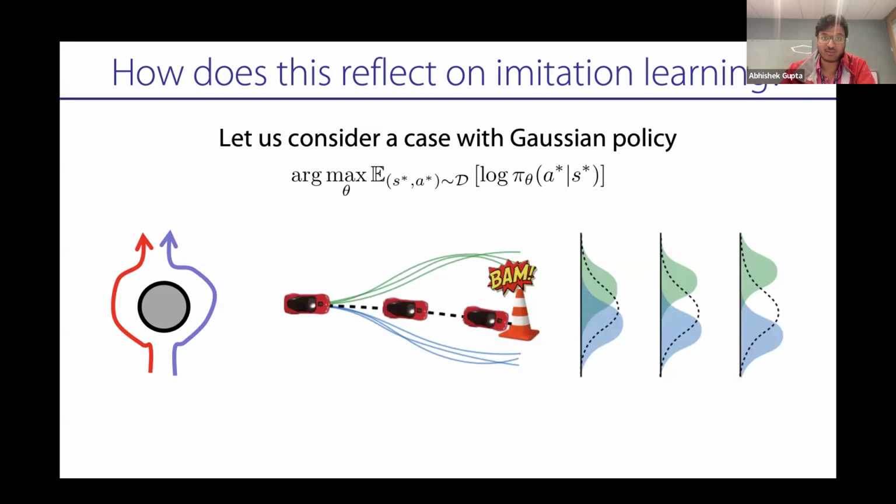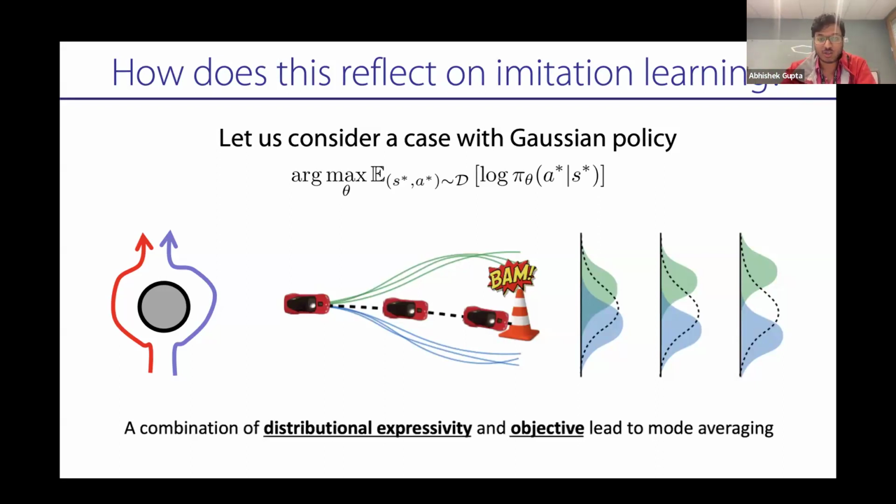Other things are more expressive, and there's a trade-off between tractability and expressivity, right? And so for a Gaussian, you have this problem of mode covering behavior. And so a combination of distributional expressivity and the objective itself leads to this mode averaging problem, right? Does that resonate with everyone? Everyone remembers what we talked about last time? Any questions?